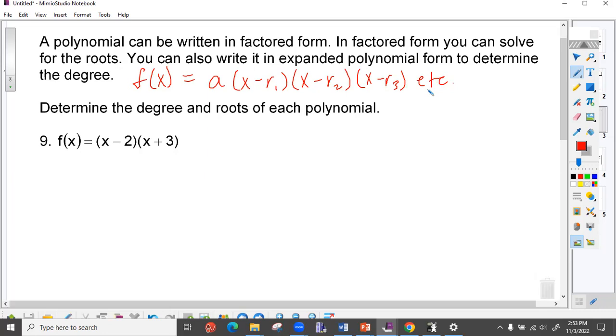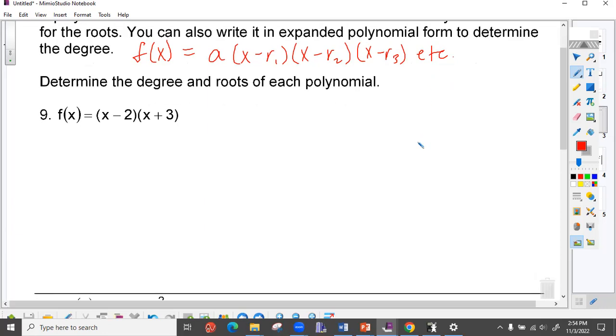All right. So here we go. We're going to talk about finding roots and expanding and determining the degree. First thing first: when you have a factor, to find a root, you set your x minus r equal to 0. That's what you're looking for. So when I look here, I have my factors, x minus 2 and x plus 3.